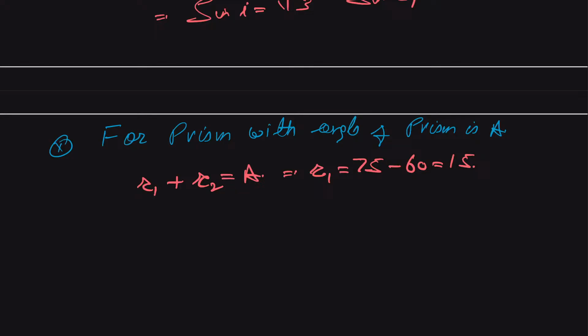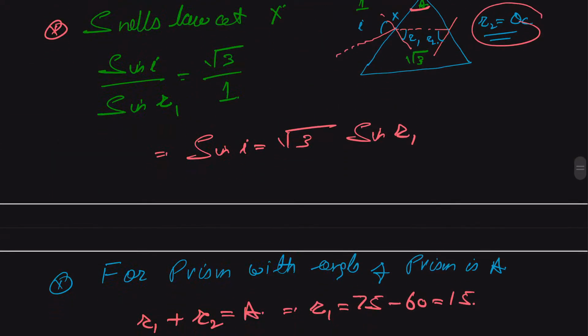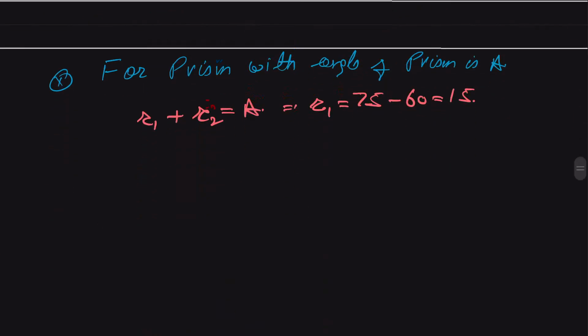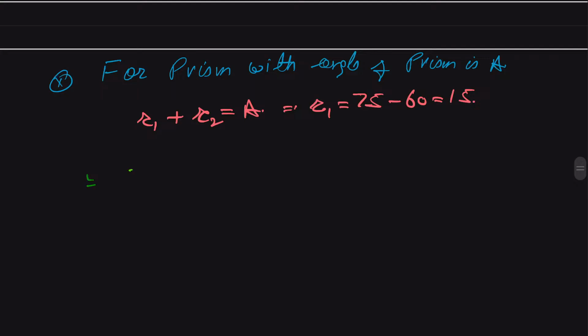Now we can easily substitute here. Therefore we get that sine of I is equal to square root of 3 times sine of 15, and sine of 15 is given to us. So this comes as square root of 3 times 0.25.